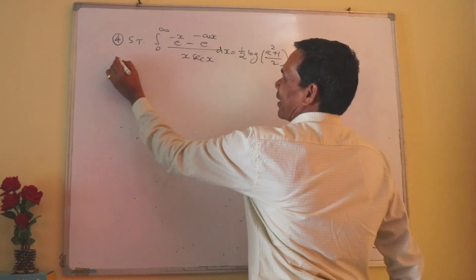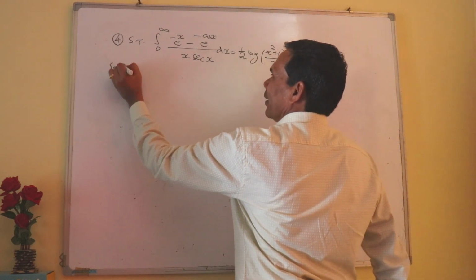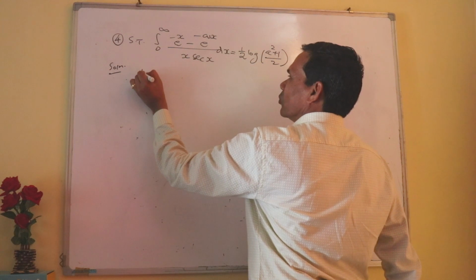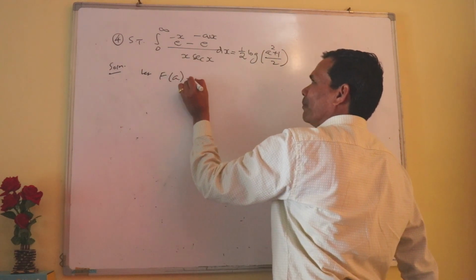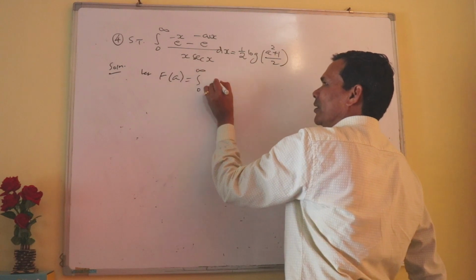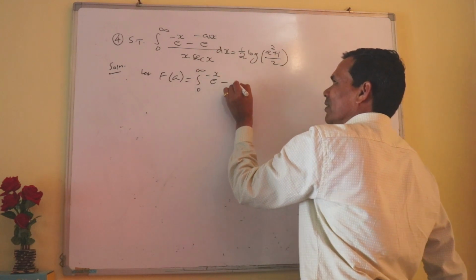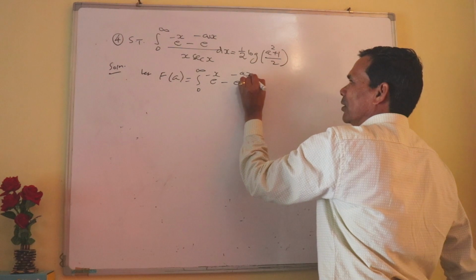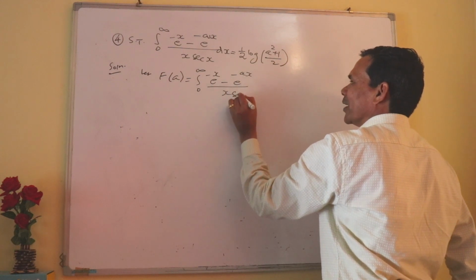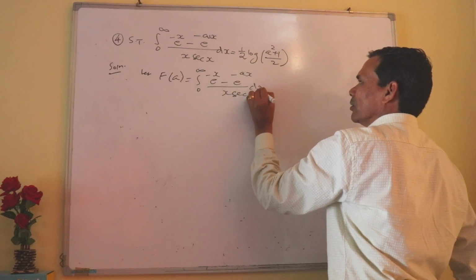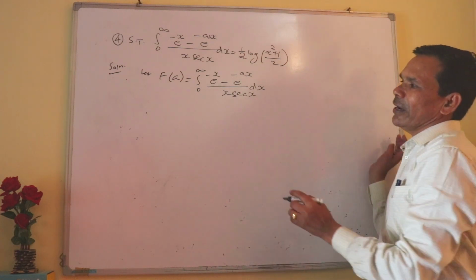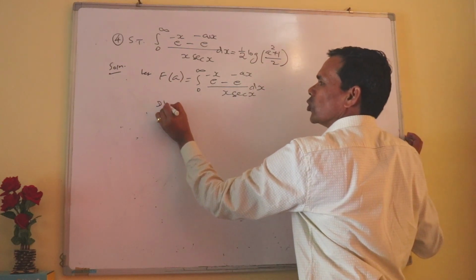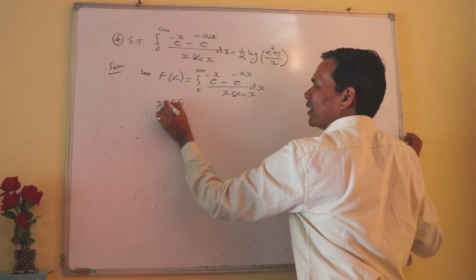Now here a is the parameter. Solution: a is the parameter, so let the LHS be f of a, the integral from 0 to infinity of (e raised to minus x minus e raised to minus ax) divided by x into sec x dx. A is the parameter, limits are constant, therefore we apply DUIS first rule, the rule of constant limits.